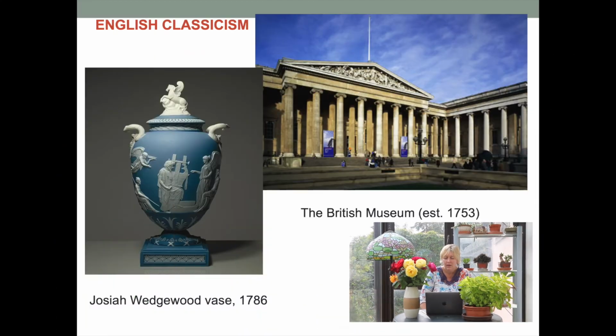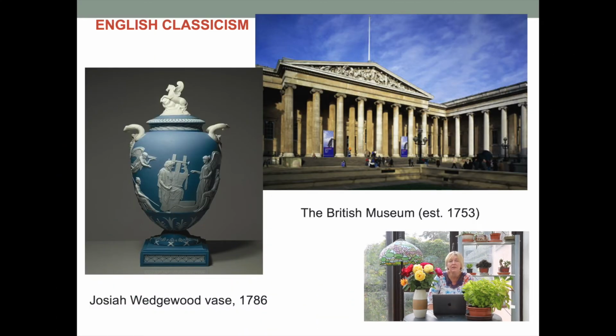So Georgian art in Britain corresponds more or less to the classicist period in Europe. So we have the greater interest in classical antiquity, in inspiration in architecture, in design, in fashion as well, as you'll see in a moment. This is reflected to some extent in Britain as well.